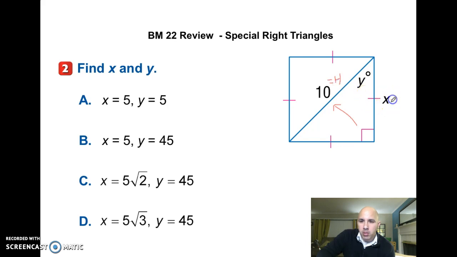This is going to be my leg. And the nice thing about this special triangle is it's going to be a 45, 45, 90 triangle. With 45, 45, I know it's going to be an isosceles triangle as well.